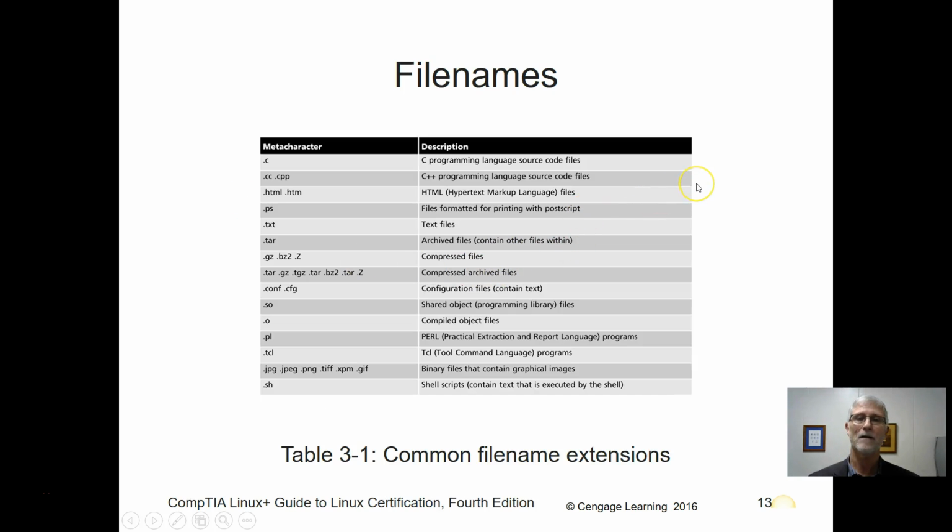Now, here are some common file name extensions. I'm not going to go through all of them, but you've got C, C++, HTML, text files, object files. So just know that there are several others, JPEG, and shell scripts. We'll get into those a little bit later.